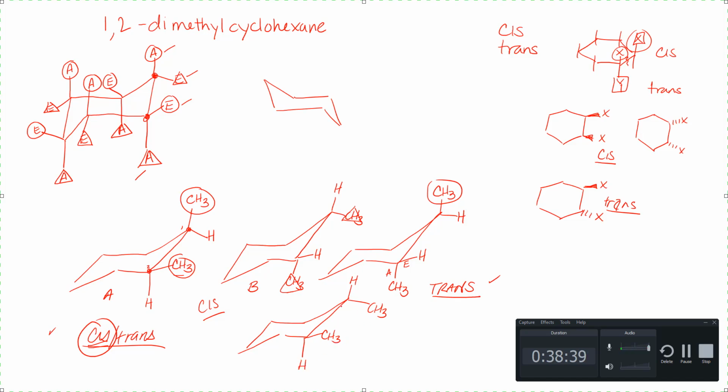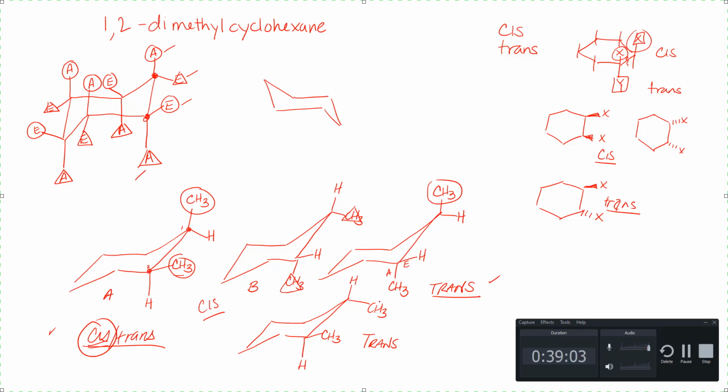Now, if I was smarter, what I should have done is I should have asked you for this molecule, is this cis or trans? And of course, now you would say, well, it's trans because I need 2 trans and 2 cis. But when you look at this, can you see the fact that it is indeed trans?